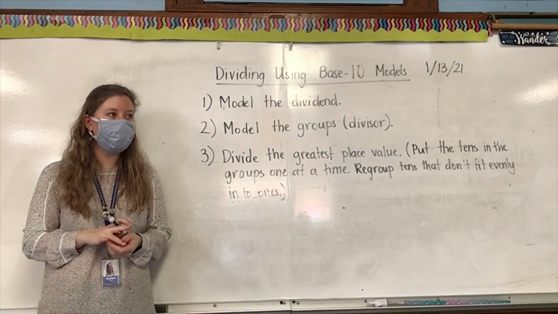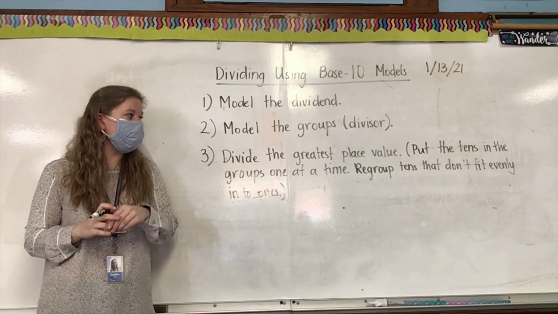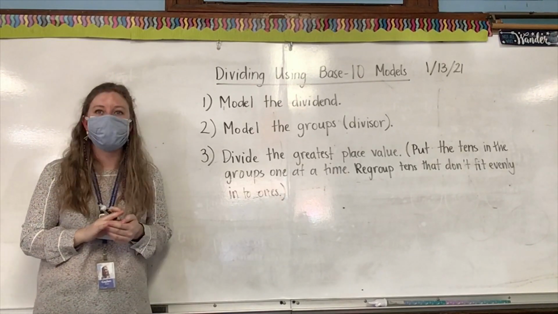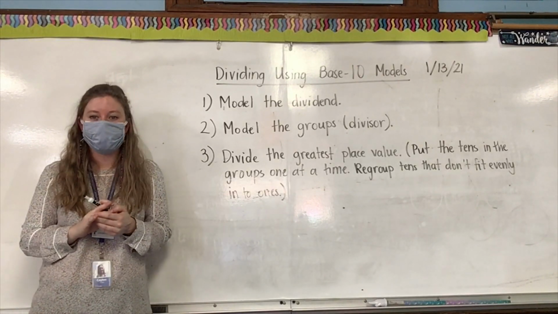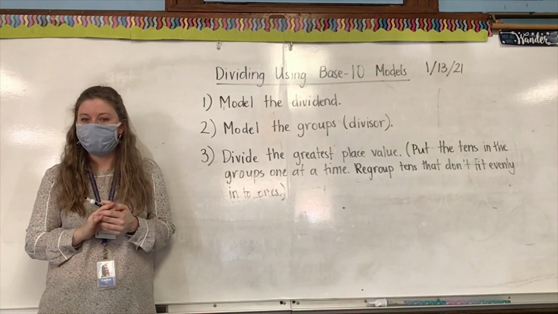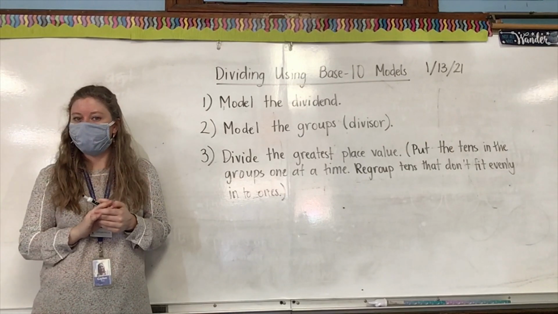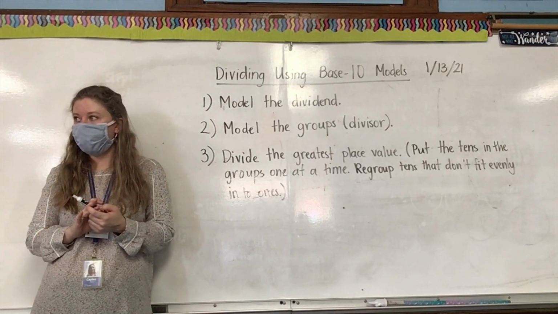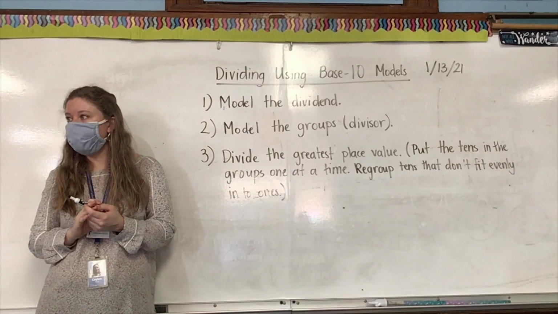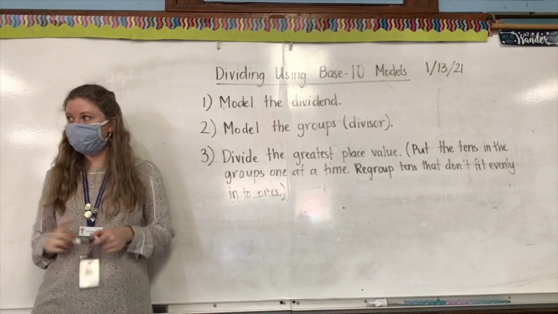Is there anything left? Any other step left to dividing the greatest place value? Is there anything else we need to do to divide the greatest place value? Thank you, girls at home. Victoria? Yes.